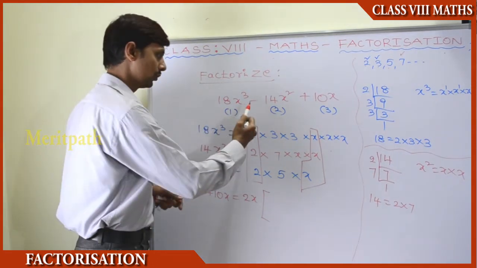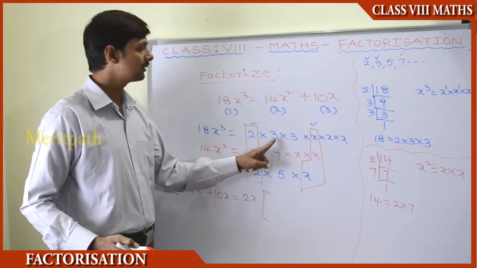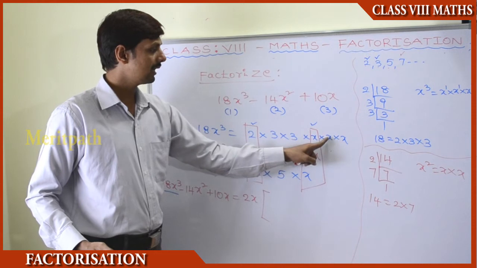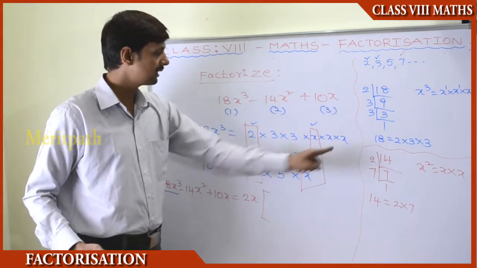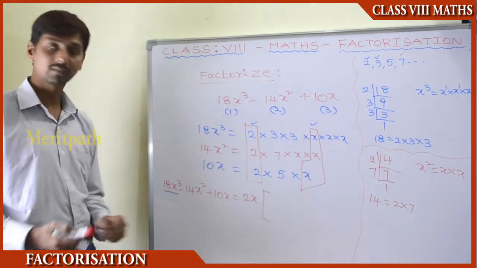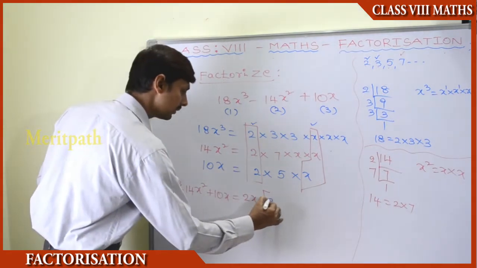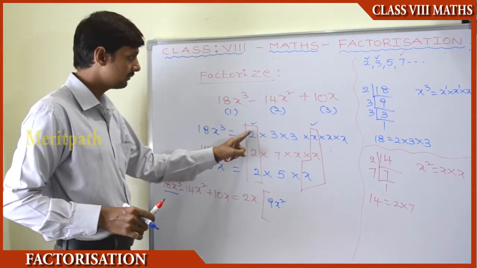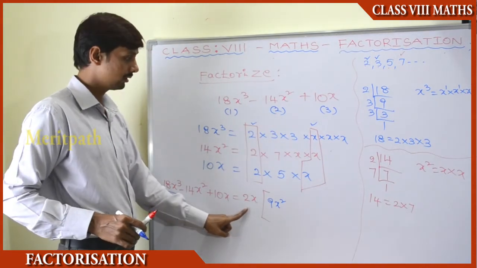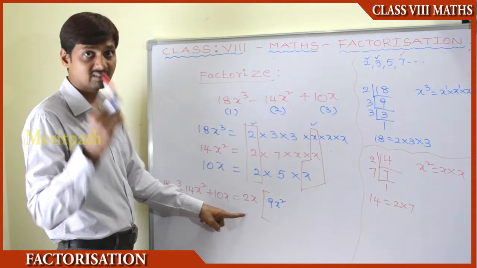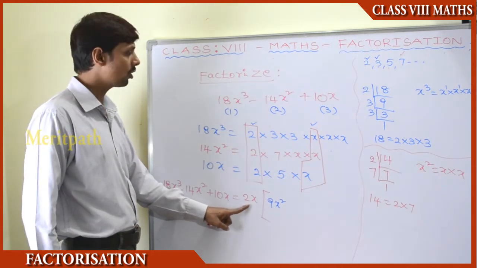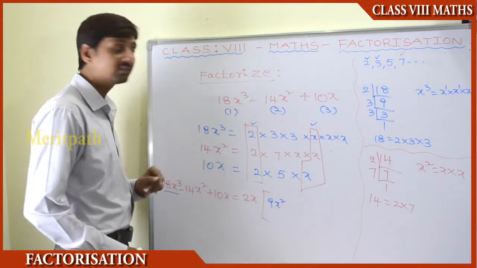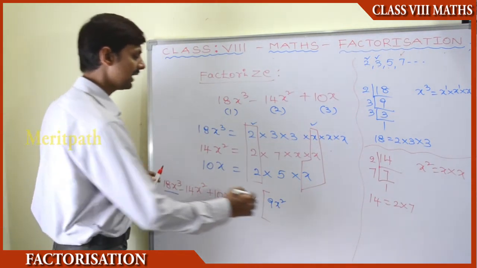We have taken 2 and x, and the remaining terms left out are 3 into 3, 9, and x into x, x squared. So 9x squared is left out in the first term. So the first term is completed, because using the distributive property we have taken this 2x in common: 3 3's are 9, x into x, x squared. Then there is a minus symbol; let's write the minus symbol as it is.